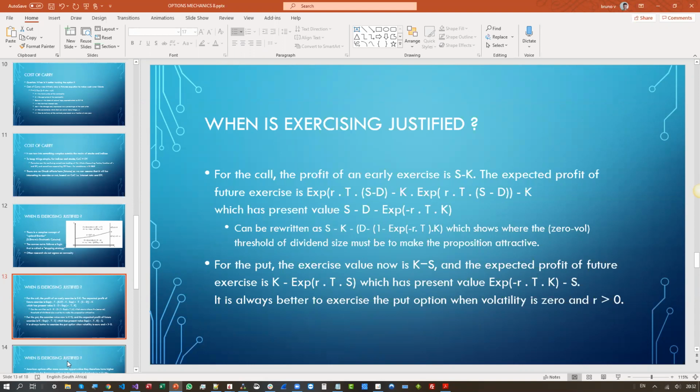I will provide some detail on the forum if people are interested in this mathematics. But what is important to understand is that it's possible to actually measure and evaluate the extrinsic value that you're giving up.